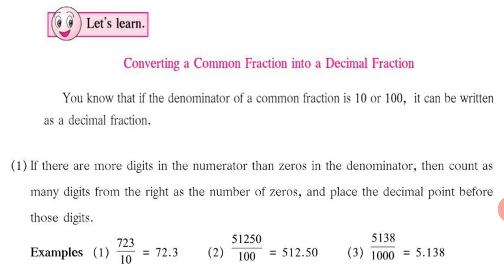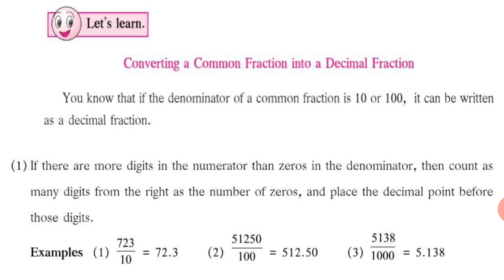Third example, we have 5138 upon 1000. Now there are 3 zeros in the denominator. So write the answer, numerator, and then count 3 places from the right and place a decimal point.